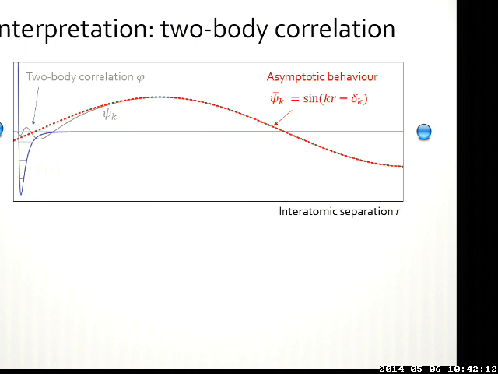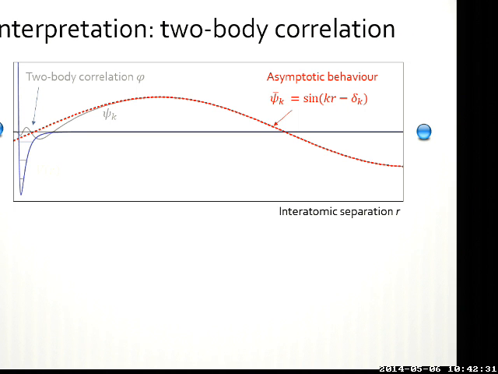But at short distance, of course, it deviates from this free wave, and we have what I would call this two-body correlation. One may define it as, for example, the ratio between this full exact wave function and this free wave function.